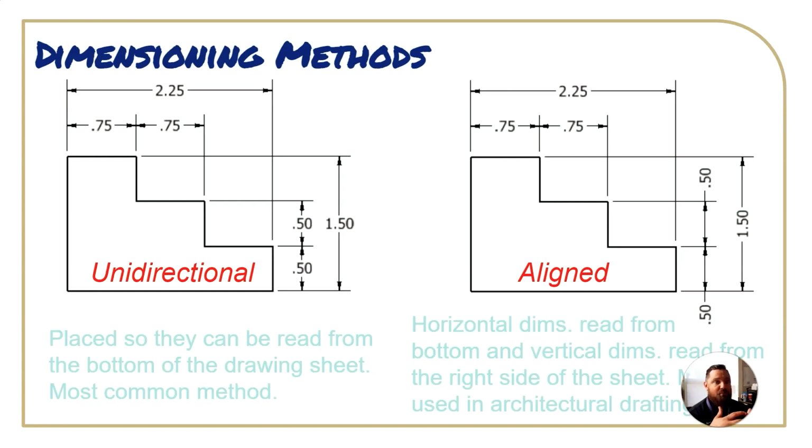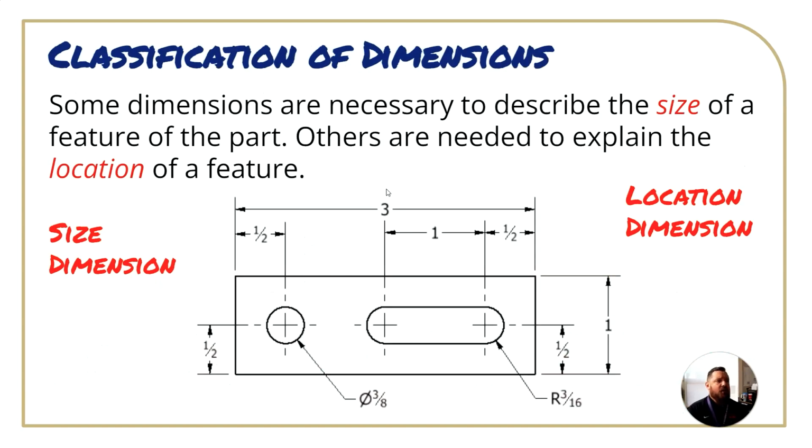This is not my personal favorite, but in architectural drawings, you do often see aligned dimensions. It can be easier to read if you're doing things on a massive scale, but primarily in terms of engineering and in terms of our orthographic drawings, you are going to be seeing unidirectional dimensions more often than not.